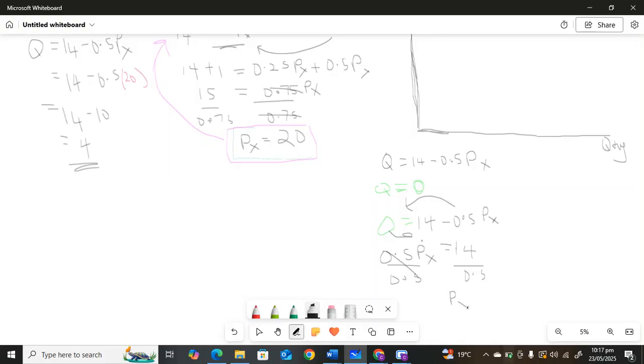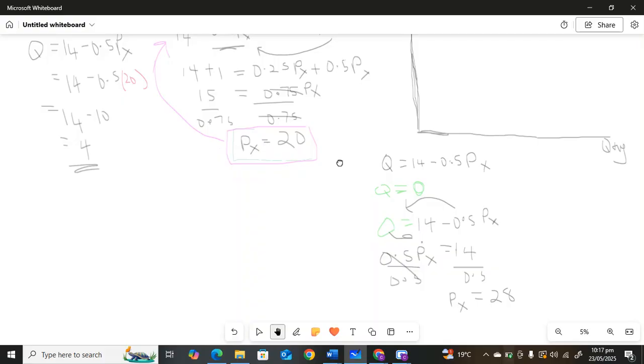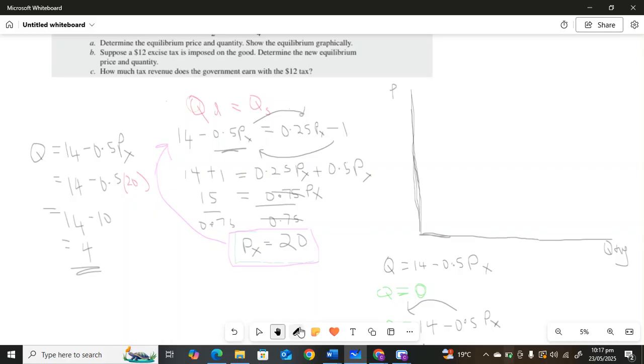So 14 divided by 0.5, that is 28. So when Q equals 0, the price is 28. So on our demand function, here is 28. This is your first point here. Any questions before I get to the next point?